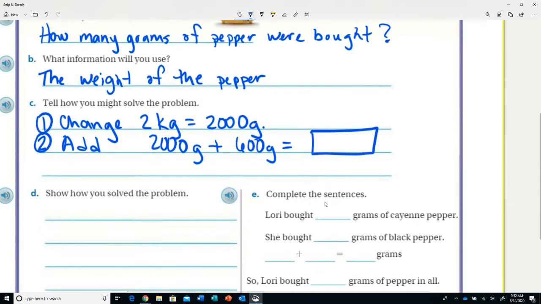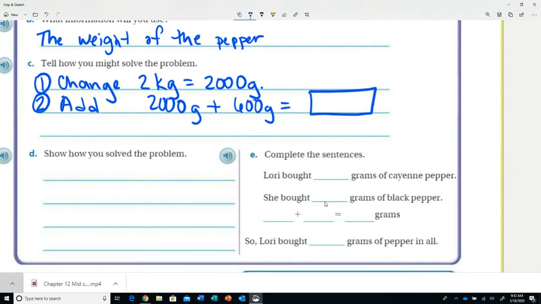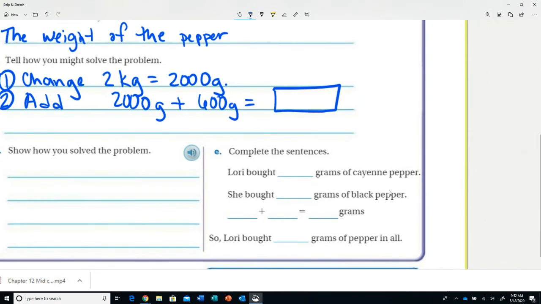The next part says, show how you solve this problem. Well, that's pretty much part C. You can put the full math in there, but let's take a look at part E.